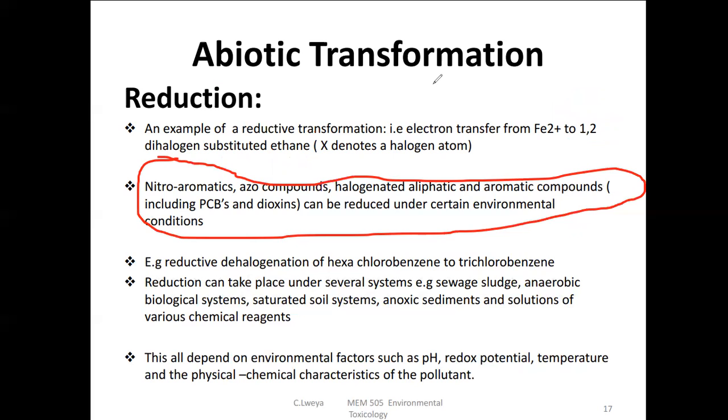The nitro, nitrito, that's why I said I might look for better examples. Because when I say a nitro aromatic compound, a nitrito, halogenated aliphatic, aromatic, these are some of the organic compounds that may be involved.